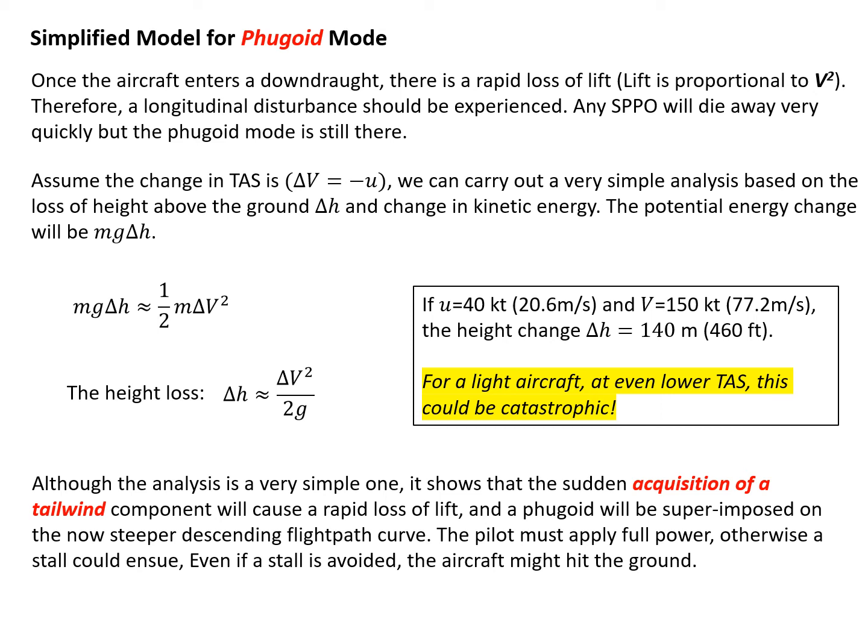The pilot must apply full power, so accelerate, otherwise a stall could ensue because the speed is also lost. Even if a stall is avoided, the aircraft might still hit the ground because there is a loss of lift and the aircraft will lose height. So this should be avoided.